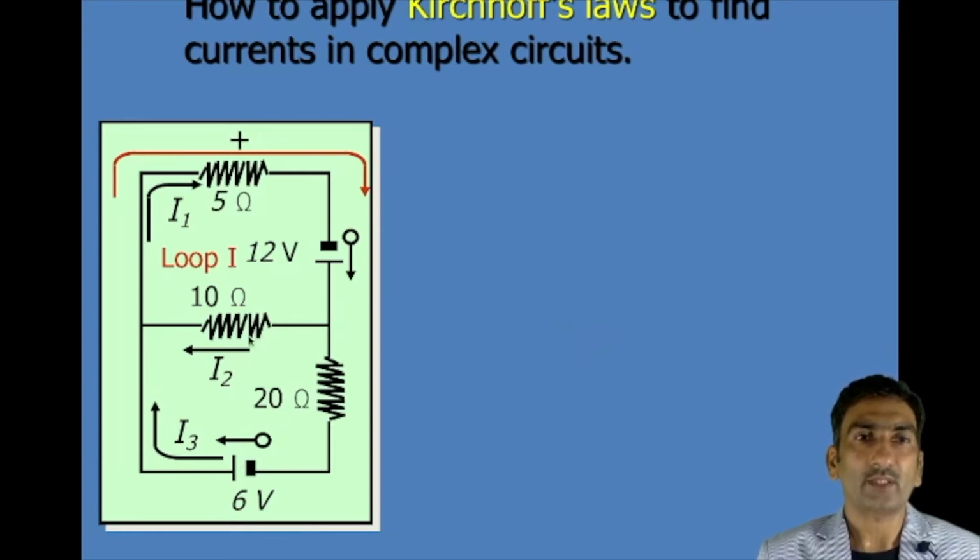There are three currents in both loops: on the first loop it's current I1, this arm has current I2, and this is current I3. We have to find the values of I1, I2 and I3. Kirchhoff's laws will help us calculate these values. Now before using these laws, let's have a look at this.